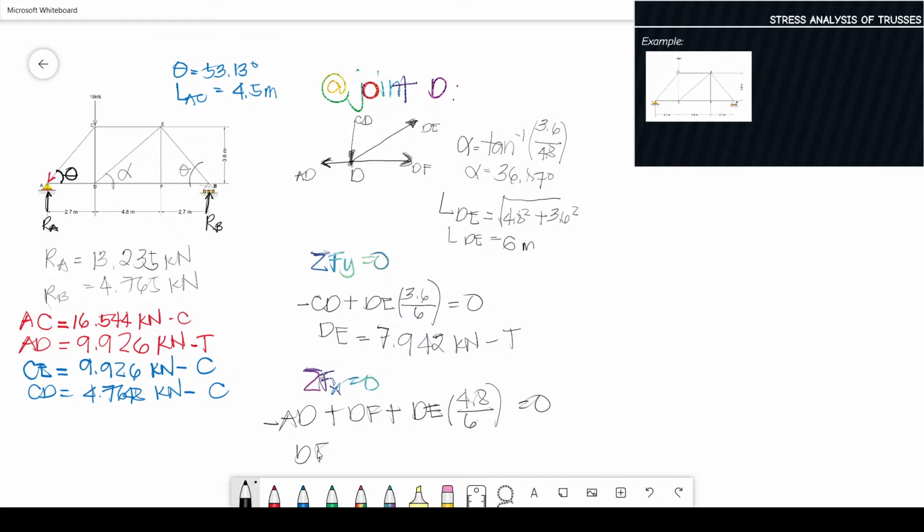So, our DF is, our AD is 9.926. 9.926 plus DE use 7.942. I hope you are using your calculator in this discussion para maasabtan na yung direct na di binuwala pag solve, okay? So this is real-time solving, so I'm very sorry for the very fast solution. So DF is tension.